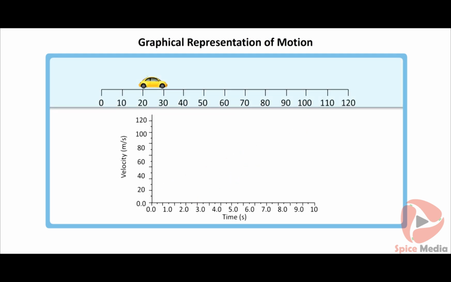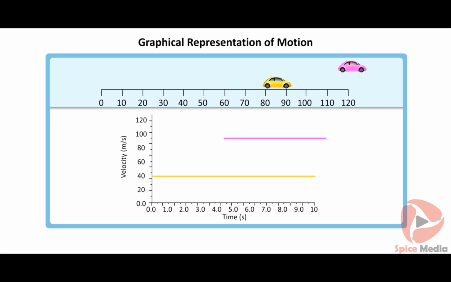A graph showing variation of velocity with change in time is a velocity-time graph. This graph is used to study motion of bodies traveling with constant velocity, accelerated motion, that is, increasing velocity with time, decelerating motion, that is, decreasing velocity with time, and non-uniformly accelerated motion.